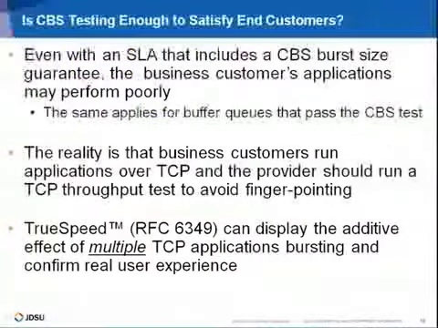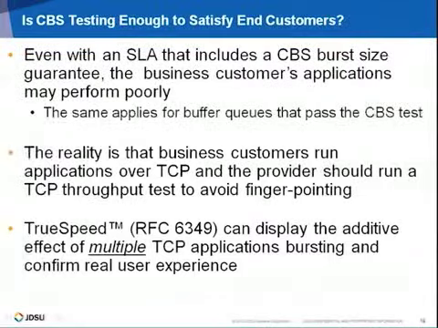But now what we want to talk about here is a situation that providers understand all too well. So obviously a CBS test is a better way to install a service versus traditional CIR-based testing, since CBS attempts to emulate bursty traffic but only to a certain degree. The bottom line is this, though.